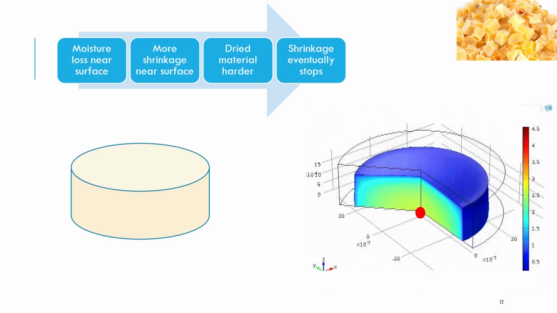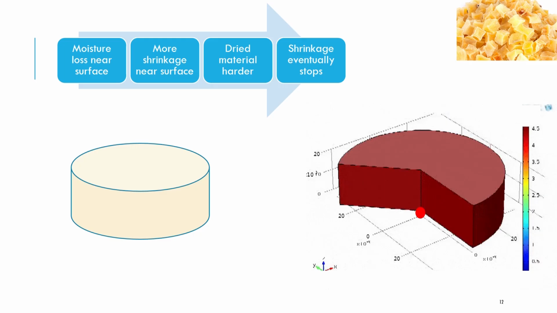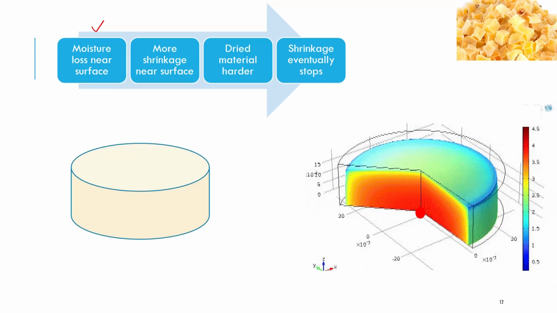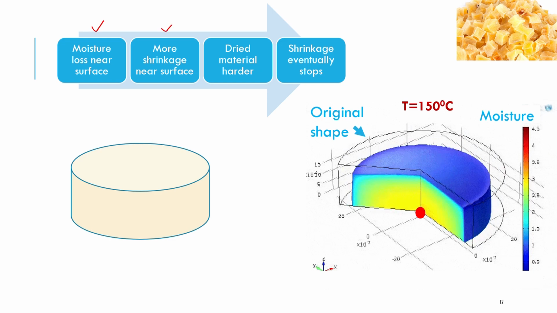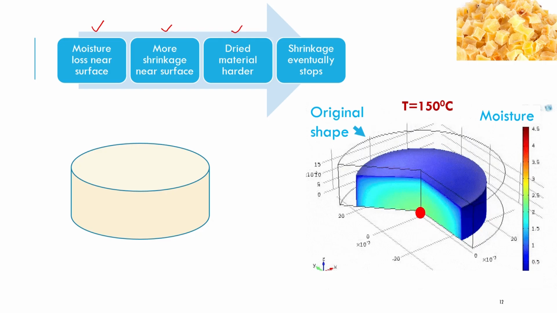So why does the shrinkage stop? As we lose more moisture near the surface, more shrinkage happens near the surface, but the dried material is also becoming harder. This makes the shrinkage eventually stop.